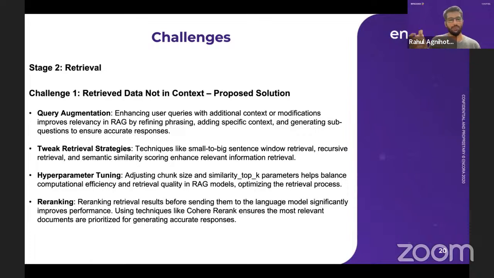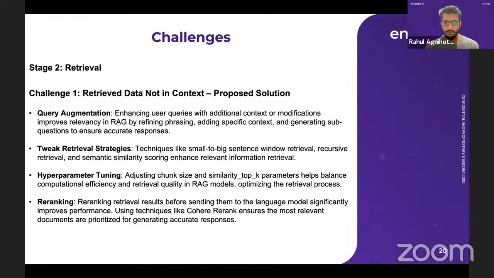So you have one document, two documents, and a third document. You can shuffle these documents based on a re-ranking strategy. One of the techniques is Cohere re-ranking. You can always go and read about it. You basically shuffle the retrieved documents or vectors, and then you send them to the GenAI model.